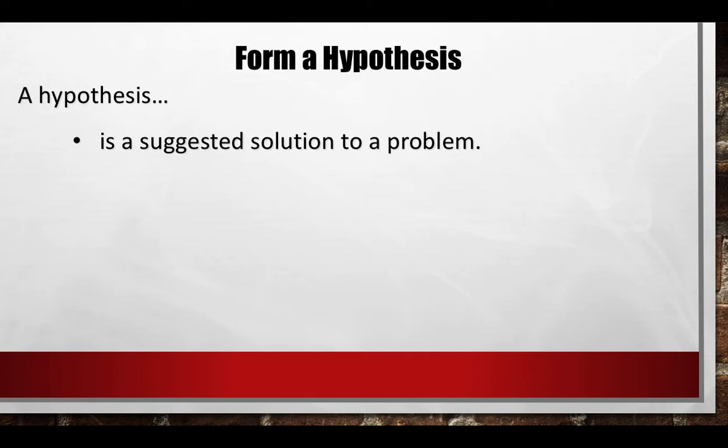It isn't the answer to the problem, it's a suggested solution, because the next step after forming a hypothesis will be to test the hypothesis either with an experiment or a survey. So a hypothesis is a suggested solution to a problem. A hypothesis predicts an outcome.